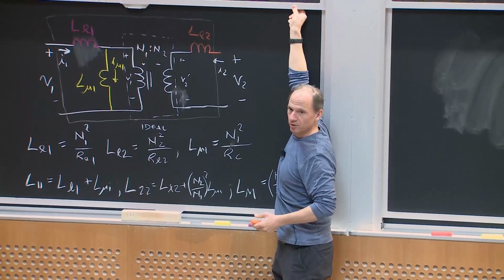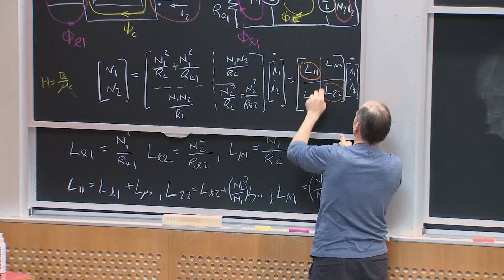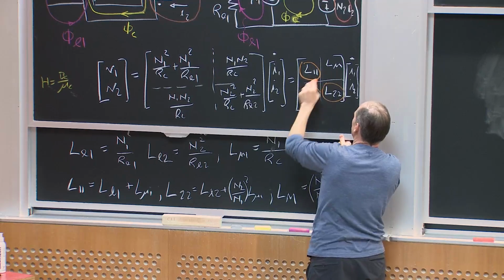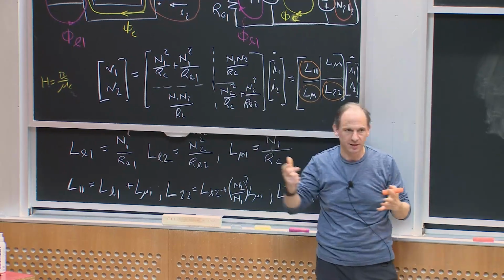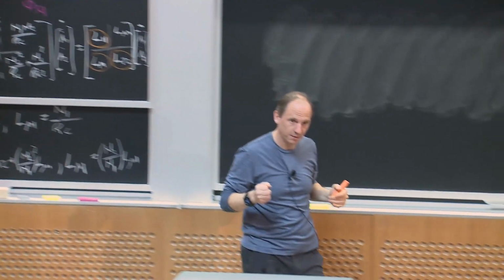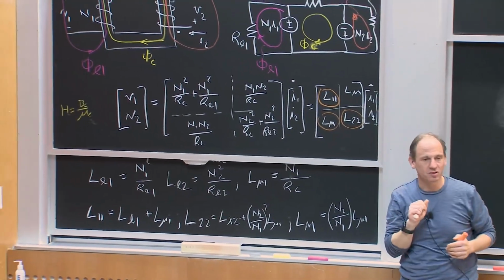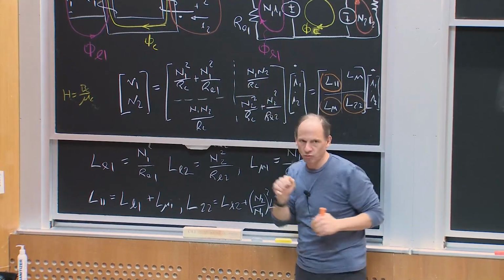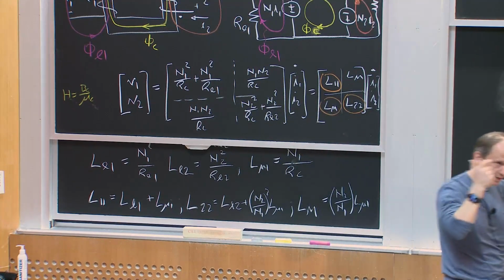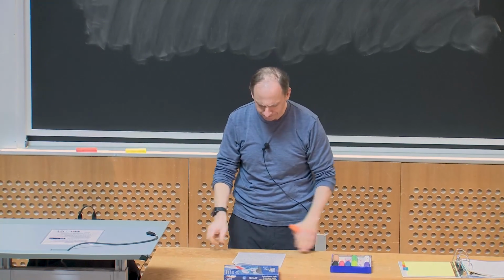It really has 3 parameters: L11, L22, and Lm. Because a magnetic component like this is a reciprocal element, the matrix describing it has to be symmetric. You can see it's not random that these 2 elements ended up being the same thing. It has to turn out that way because of reciprocity.